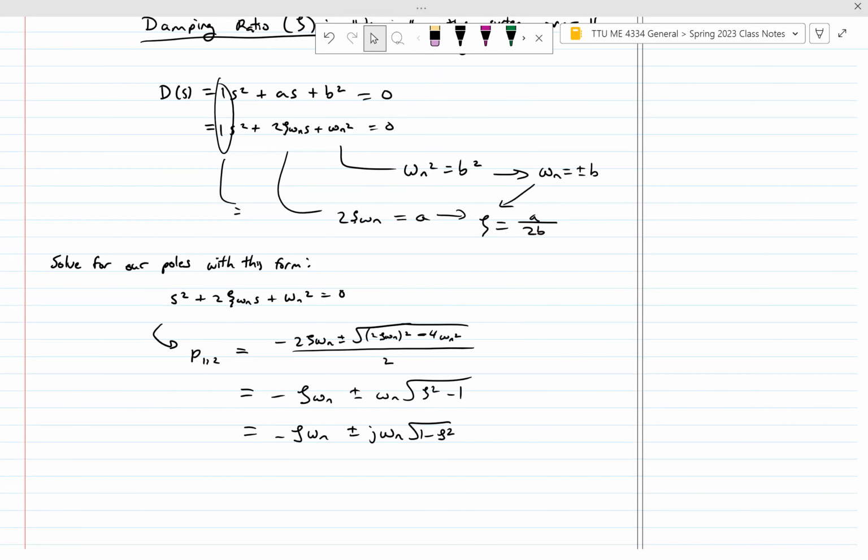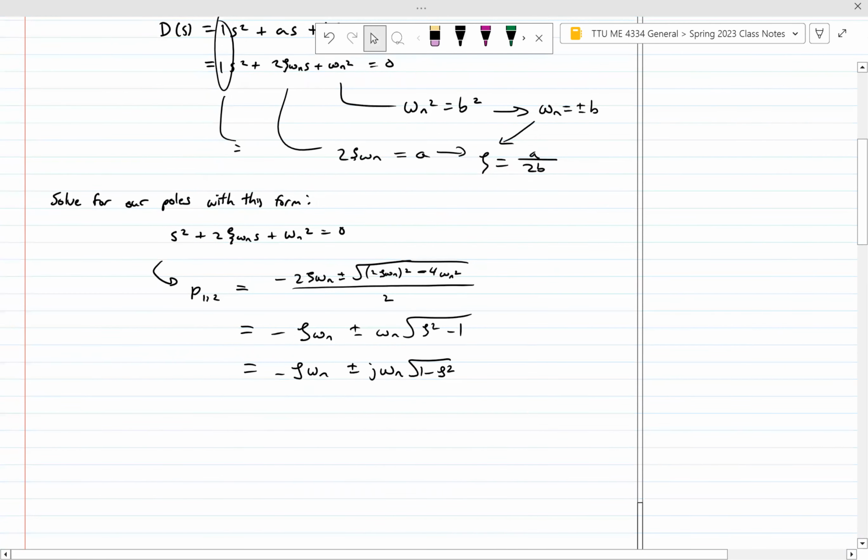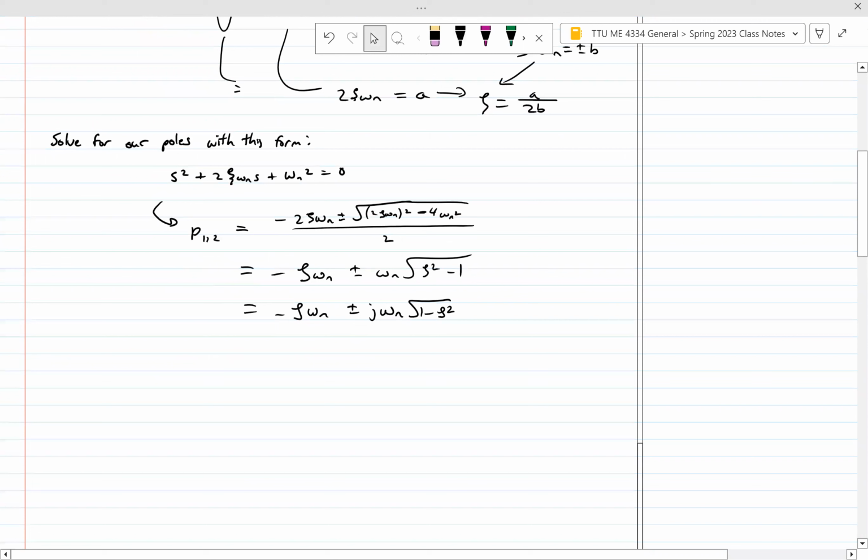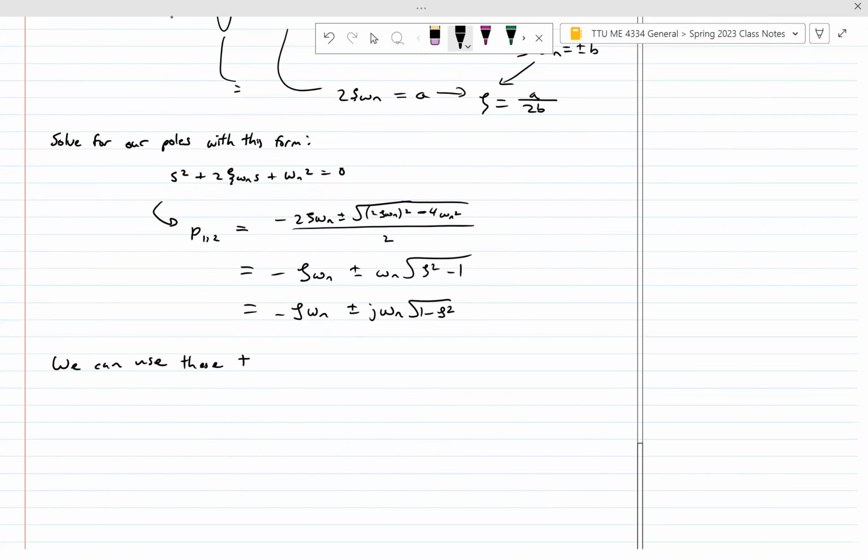And then the last thing I want to cover here before we do some examples is something that somebody else touched on. We can use these to determine the second order system type just using that damping ratio, right?